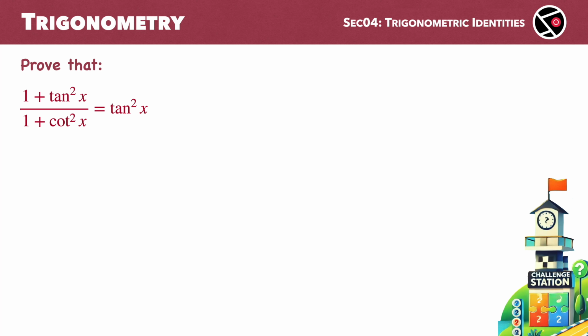Alright, let's start with the left hand side. 1 plus tan square x divided by 1 plus cot square x. Now, 1 plus tan square x is sec square x and 1 plus cot square x is cosec square x. So we have, now sec is 1 by cos and cosec is 1 by sin.